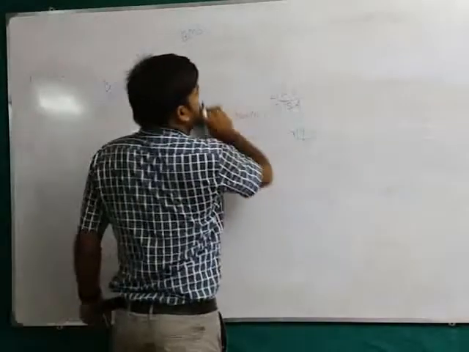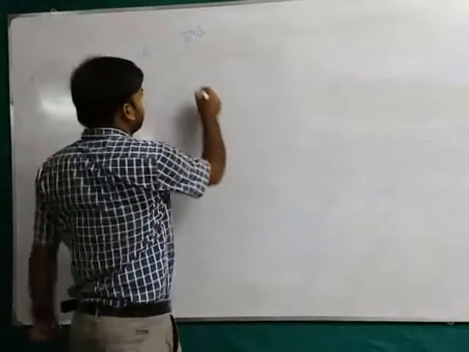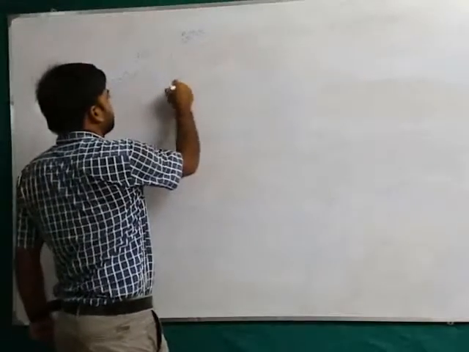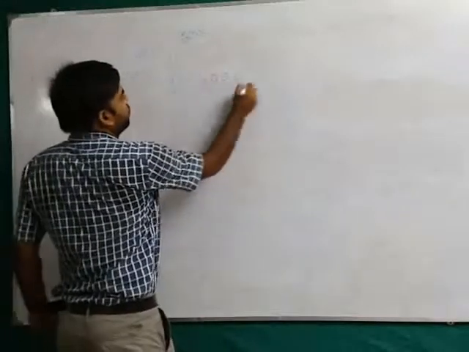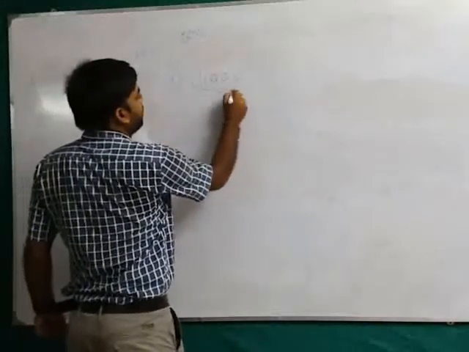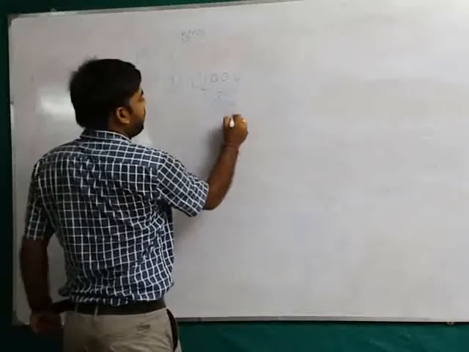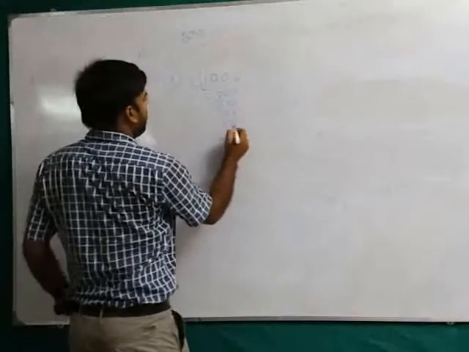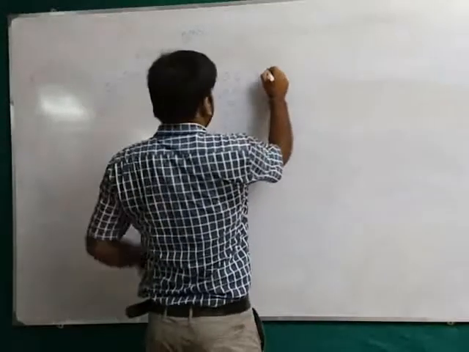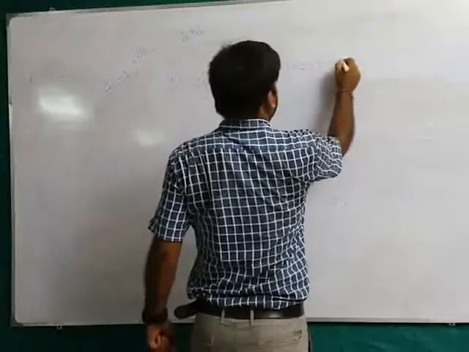The third one is 1000. First step, doing prime factorization: 500, 250, 125, 5, 25, 5, 5. So 1000 equals 2 into 2 into 2 into 5 into 5 into 5.